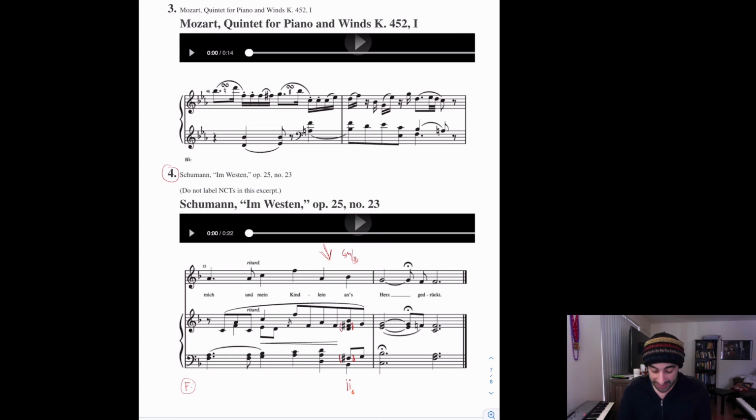Now, we said we can further classify non-chord tones depending on how they are approached and left. This one is approached by step and left by step in the same direction. So this means that this one would be a passing tone. We will mark it with a P. If we want to classify them even further, we could say a couple more things. We could say that this is a chromatic passing tone.